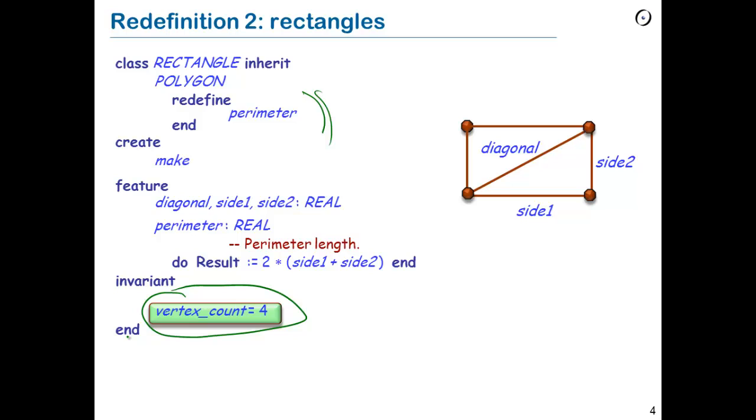We're going to study this in more detail later on when we look at the connection between contracts like invariance and inheritance, but it's important already to note that when we go down an inheritance hierarchy, the invariants can only accumulate, and of course you should not introduce any new properties that are not compatible with those of the ancestors.